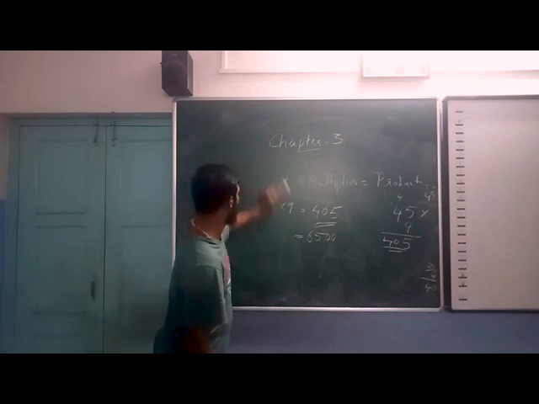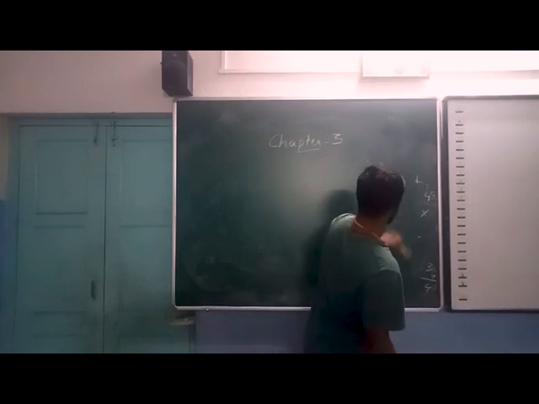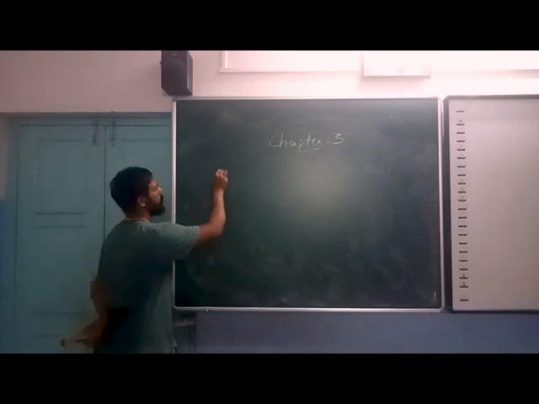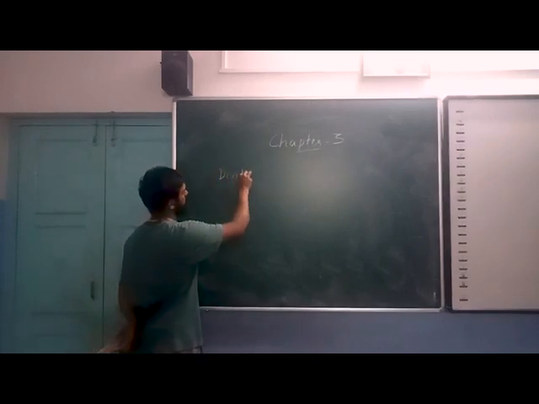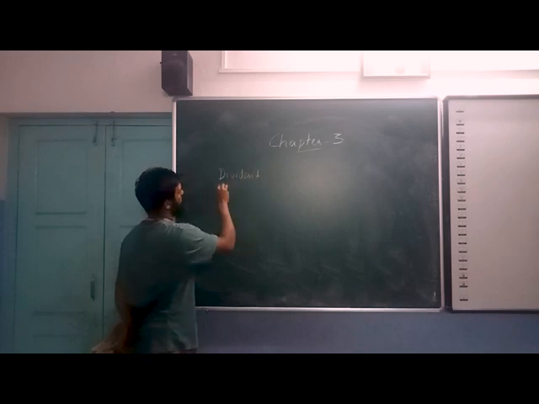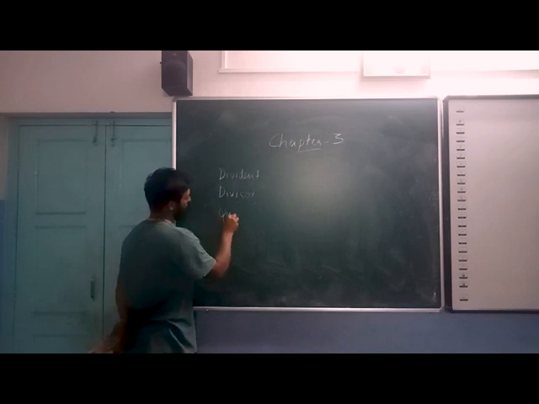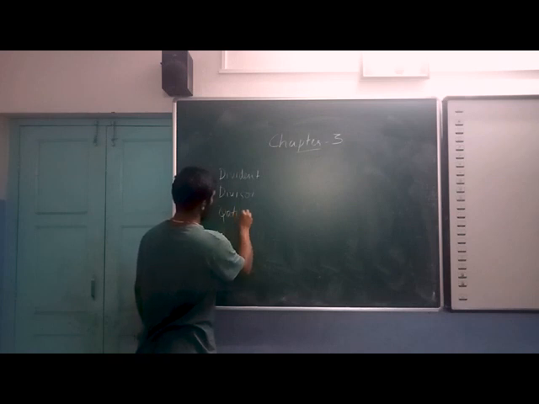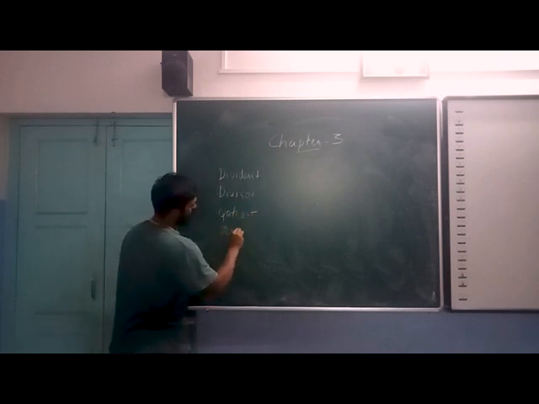Okay. So now let us recall about division. What are the major terms related to division? In division you have a dividend, you have a divisor, you have a quotient, then remainder.